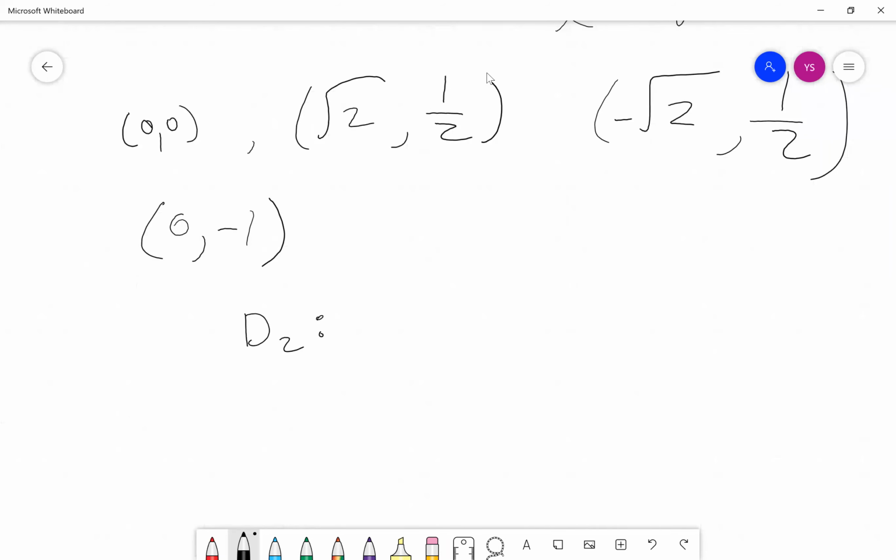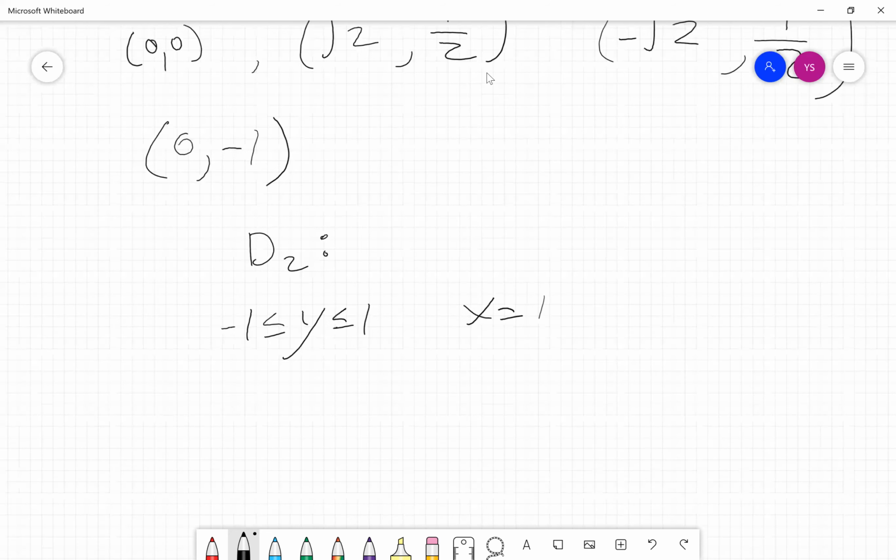So on D2, our y is varying. So y is between -1, that is, -1 is less than or equal to y, which is less than or equal to 1. And our x is fixed at 1. So x is equal to 1.